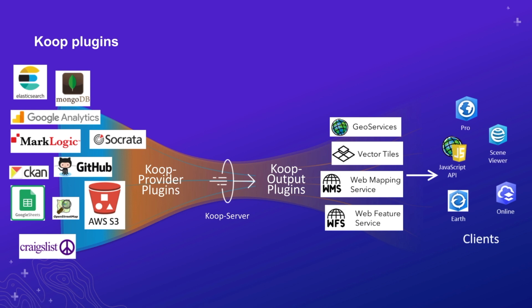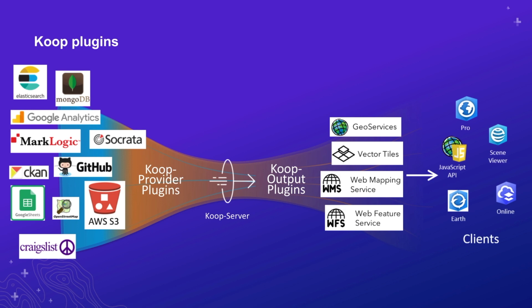This is a very generalized diagram of how Koop plugins are related and how data flows from providers to outputs. On the left side, you'll see a collection of some of the different Koop providers. There are many different provider plugins that are already published, including Elasticsearch and GitHub and those that you see here.